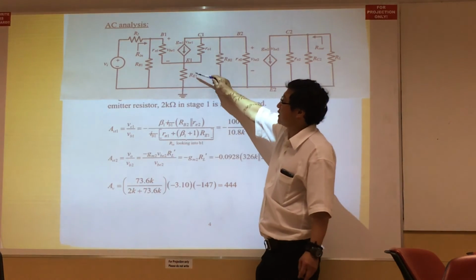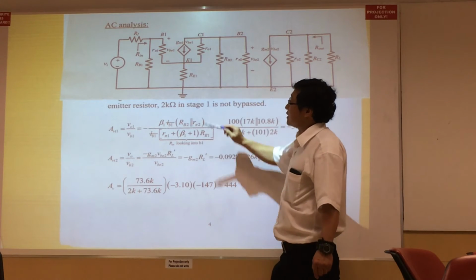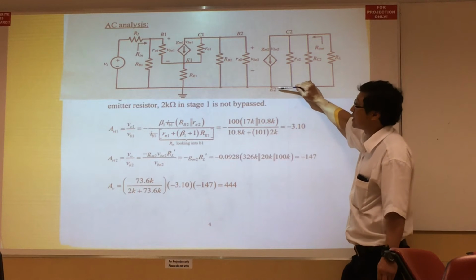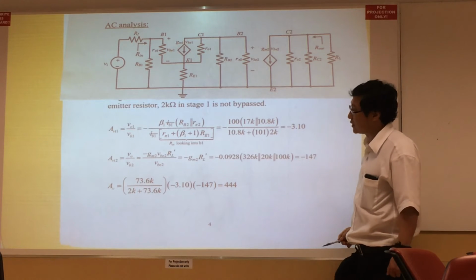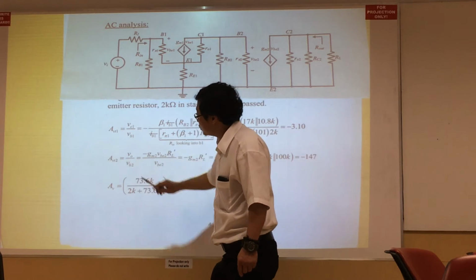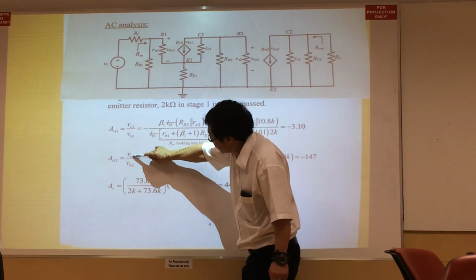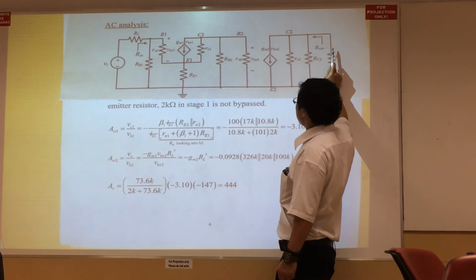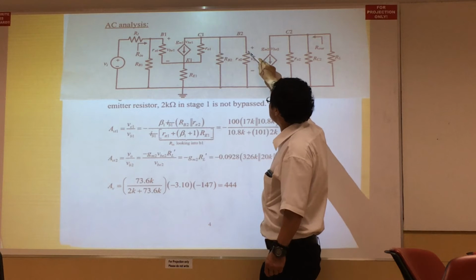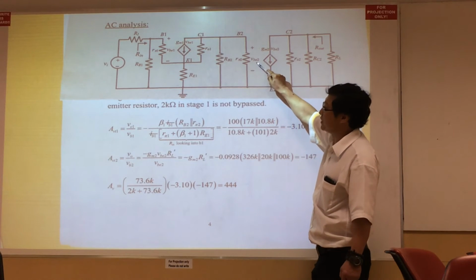Why? Because there's an emitter resistor here. You will see in the second stage the gain is much higher because there's no resistor at the emitter. So take a look at the second gain stage, AVT2. It is the voltage at the collector, which happens to be the output voltage, divided by the voltage at the base, which happens to be the voltage across R pi 2, which is VBE2.